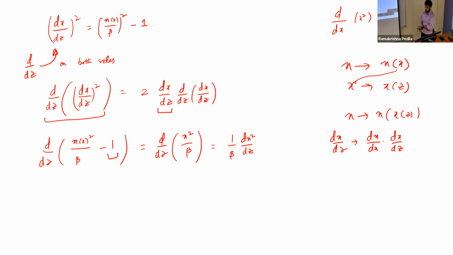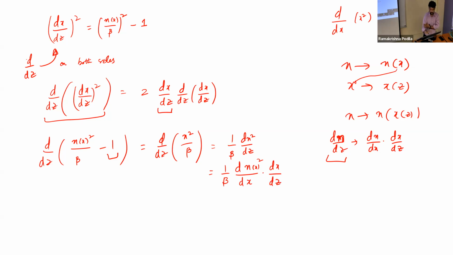N is varying with respect to x, and x is varying with respect to z. That's what you need to say when you say d by dz of n. Sorry, my n's and x's are very similar. So we can write then this as 1 over beta dn squared of x divided by dx times dx by dz.